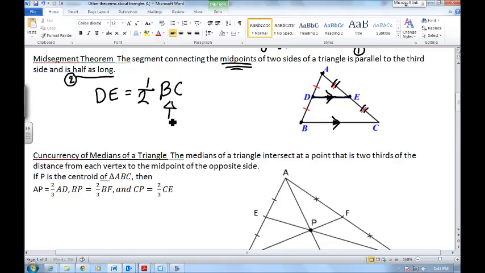Notice BC is the whole segment. I multiply the whole by the fraction. Another idea would be take DE and times by 2. That would also work. But I'm going to stick with the fraction idea for right now because later on we have another fraction coming up. So you times the fraction by the whole.